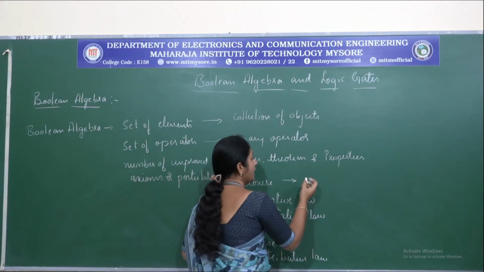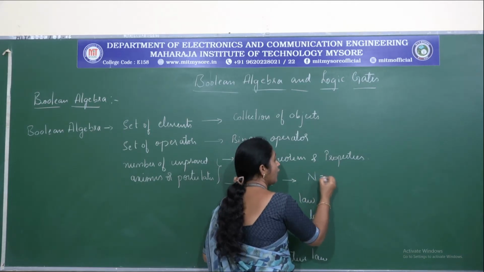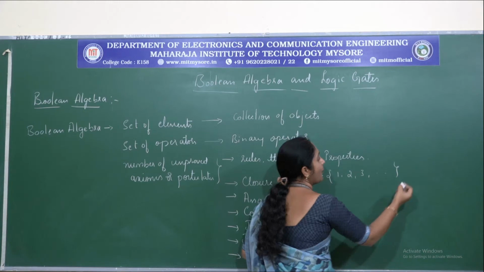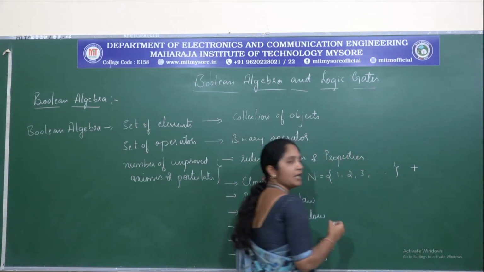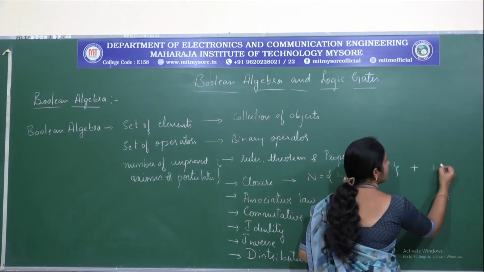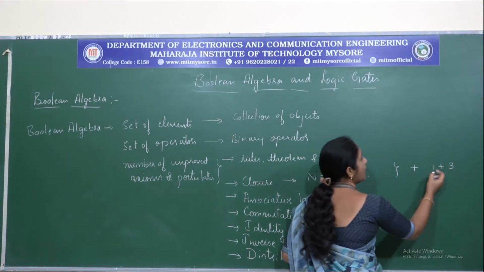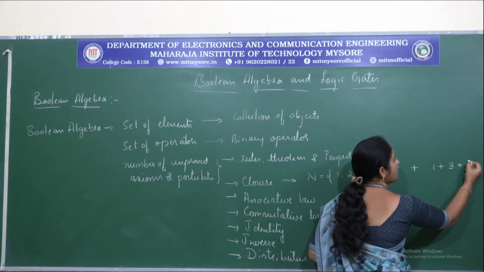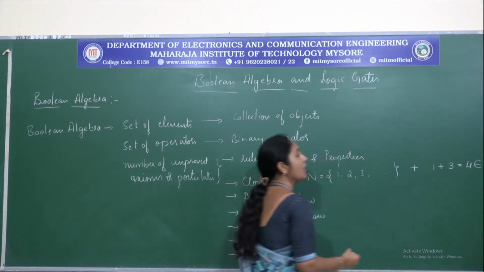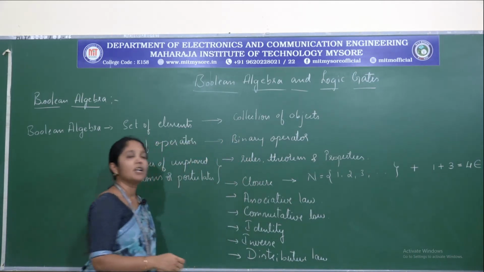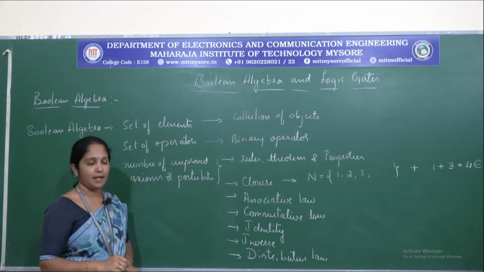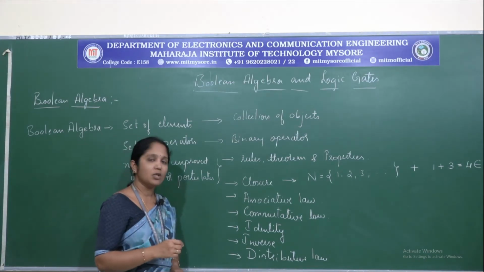If I consider the set of natural numbers, then the operator plus is closed, because 1 plus 3 gives a result that also belongs to the set N. So that is closure.